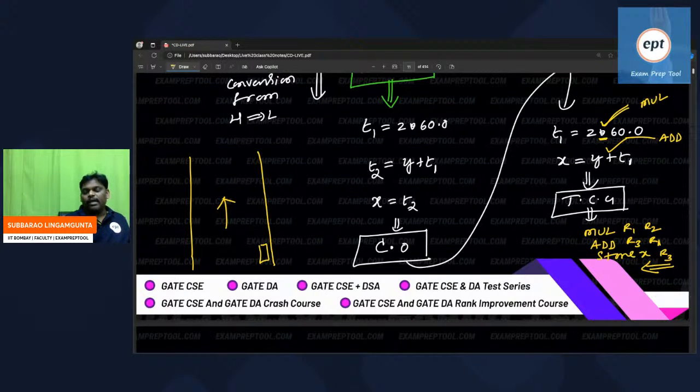Your car is going on the right side, but actually you want to go to the left side. Will you go directly to the left side, or will you go to the middle first?